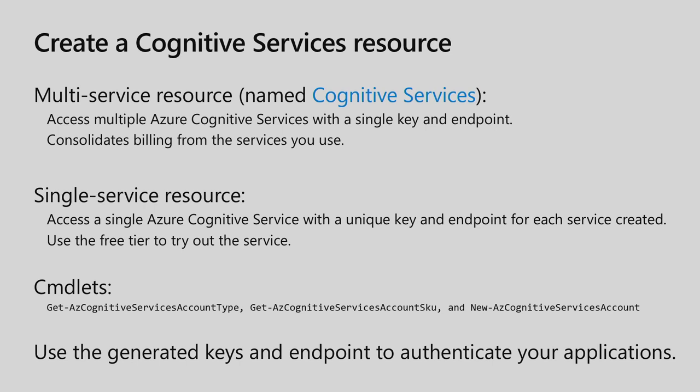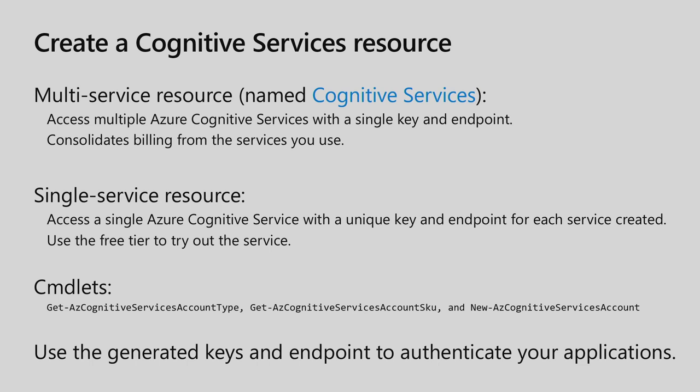The first one that you need to do is create a cognitive service resource, or as it's called in PowerShell, a cognitive service account. To do that, you have two different ways. You can create a multi-service resource. It's called Cognitive Services. That gives you access to multiple services, and that way you will have access to all of them through a single API key and endpoint.